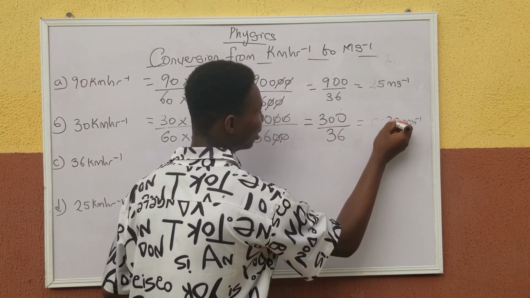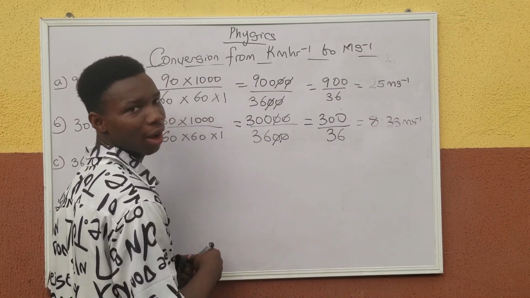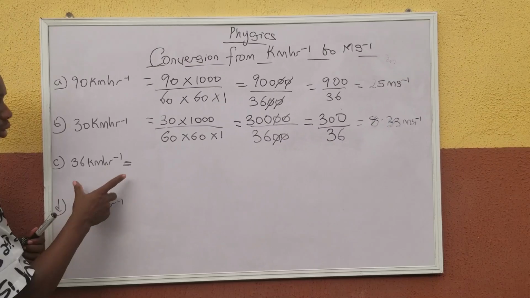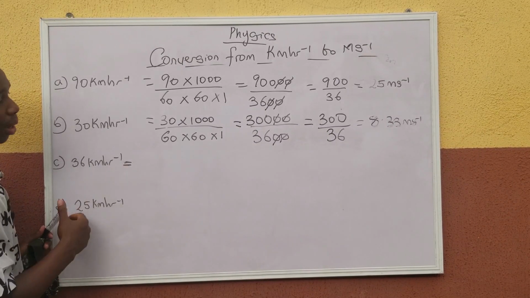Don't forget, we are trying to convert kilometer per hour to meter per second. So from here we have from this question 36 kilometer per hour to meter per second.